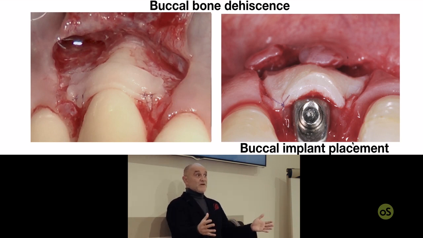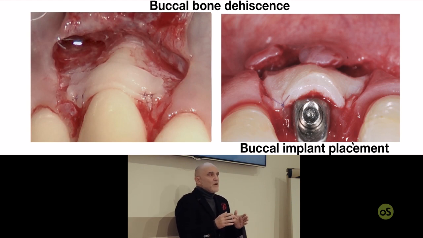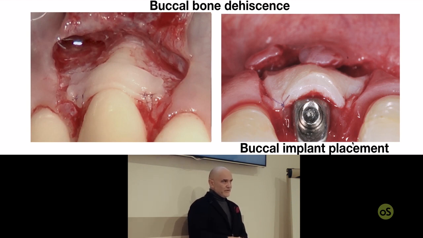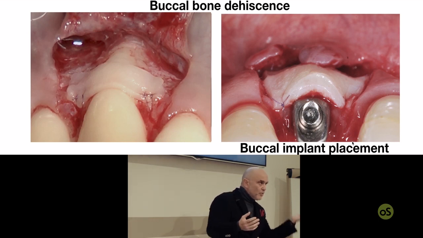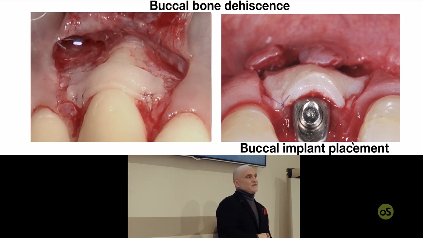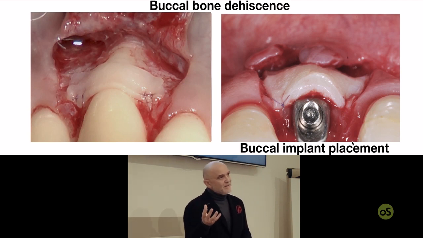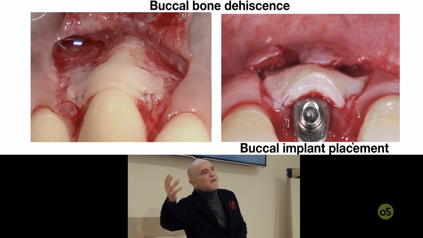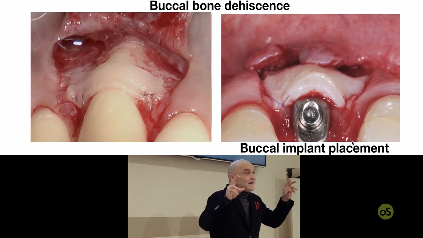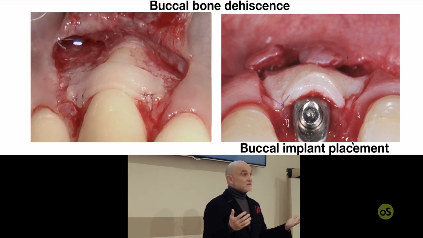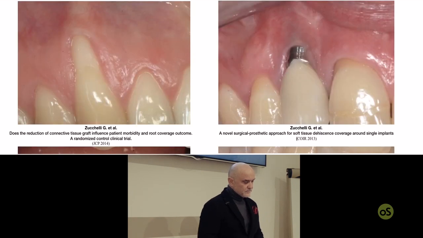This is very important because when you select the treatment procedure, what you have to understand is whether the lack of the buccal bone is due to bone loss, and so you can regenerate the bone. But if the lack of buccal bone is due to the buccal displacement of the implant, the only thing that you can do in order to repair this mistake is soft tissue grafting.